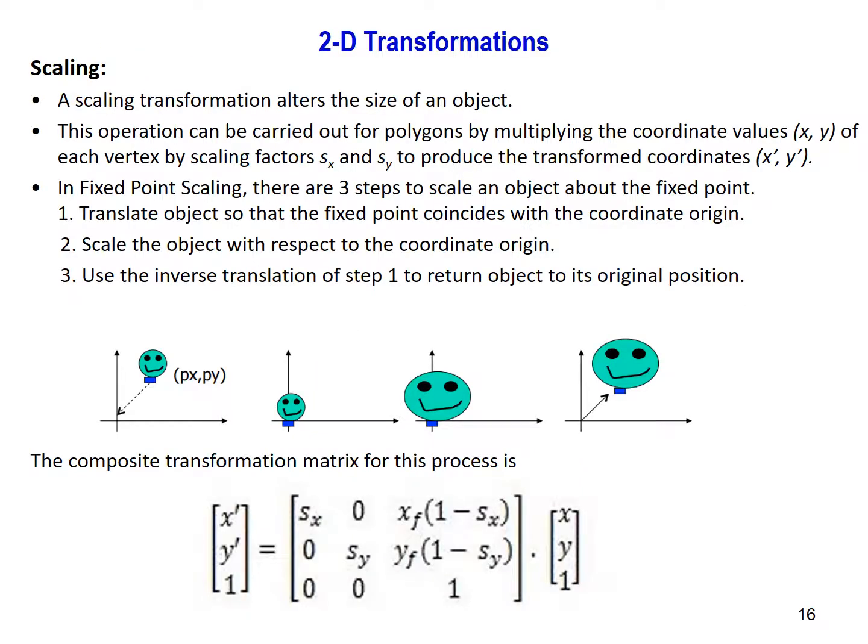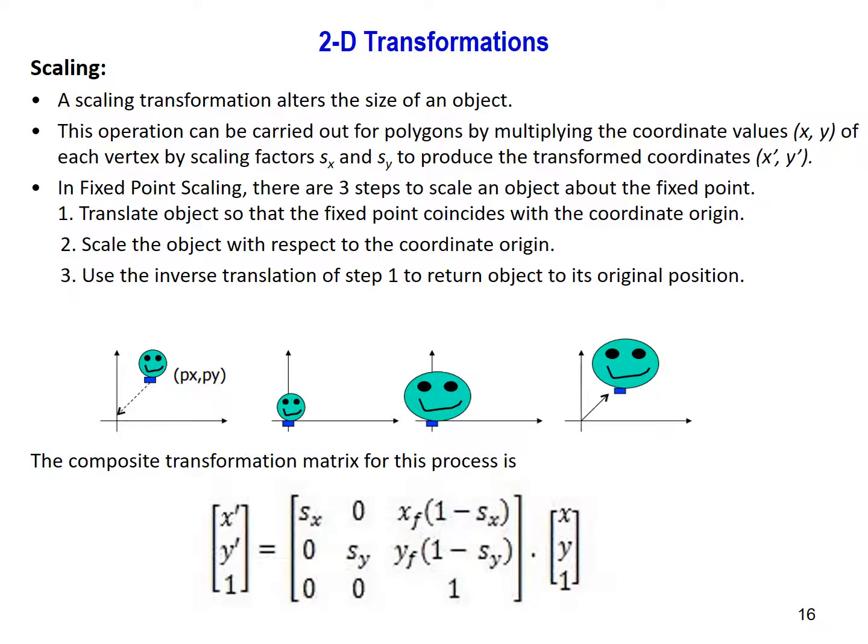Now let us consider the composite transformations in scaling. A scaling transformation alters the size of an object. This operation can be carried out for polygons by multiplying the coordinate values x, y of each vertex by scaling factors sx and sy to produce the transformed coordinates x dash, y dash. In fixed point scaling, there are three steps to scale an object about a fixed point.